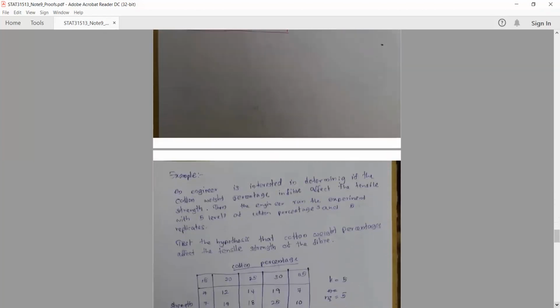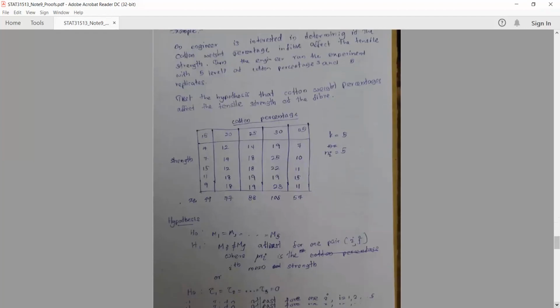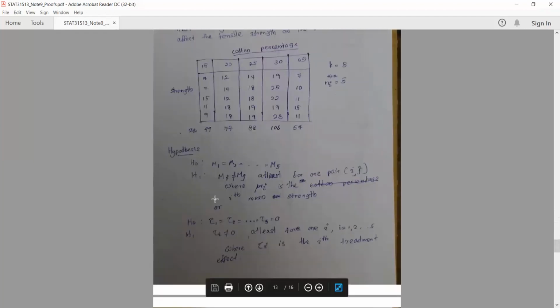In this one, just as I explained, we are doing this manually. The first thing is you have to write down the hypothesis like this. If you are going with the treatment mean model, you can write that all the treatment means are equal, or mu i is not equal to mu j for at least one pair.